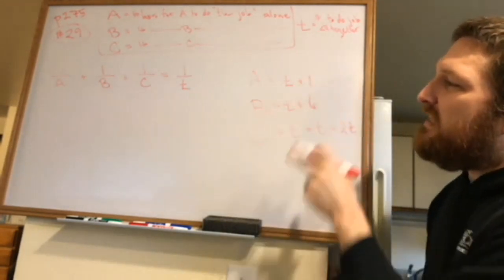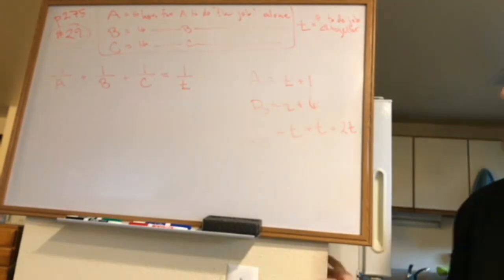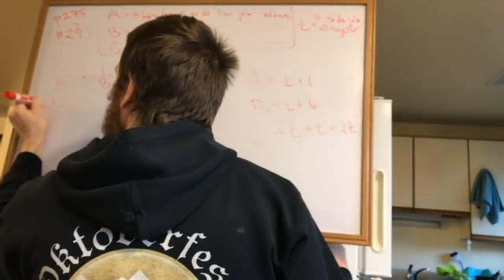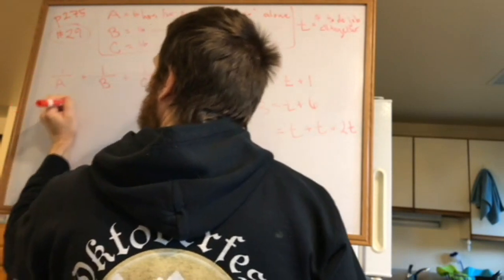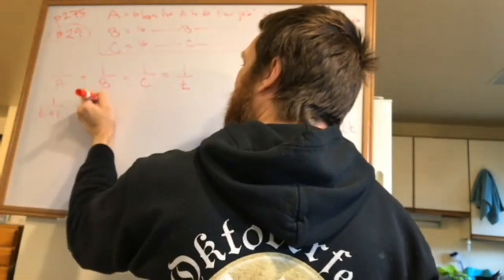So now I'm just going to take each one of these and plug them in for my original. So instead of 1 over A, I have 1 over T plus 1. Instead of B, I got 1 over T plus 6.